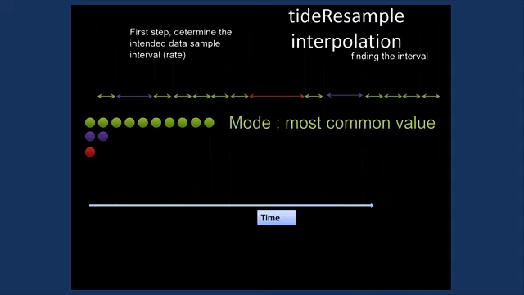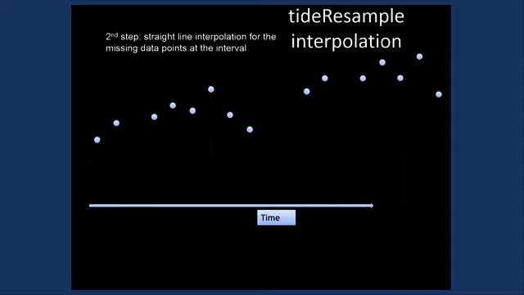in the data file. So then we align that with the data that we have, and we find that we have some missing data points using that interval.